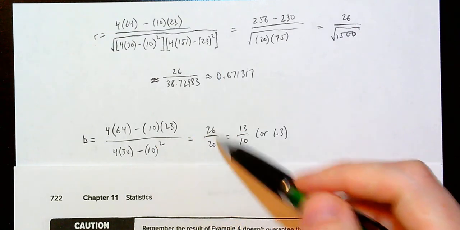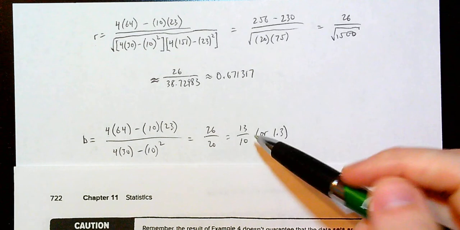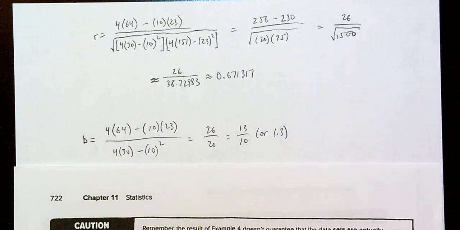We get 26 over 20, or 13 over 10. Typically, you do want to get into the habit of writing things in fractional form, but when it comes to writing lines of best fit, you typically see these written in decimal format. So 13 over 10, or 1.3, is perfectly fine.